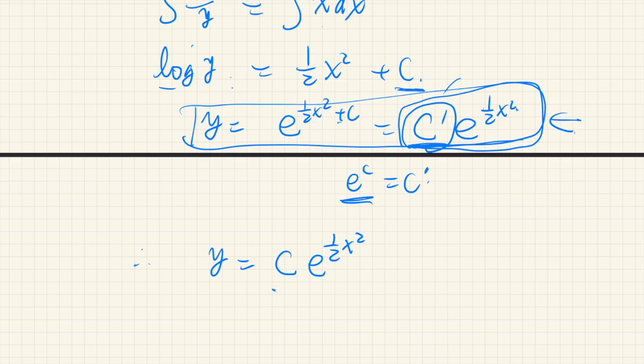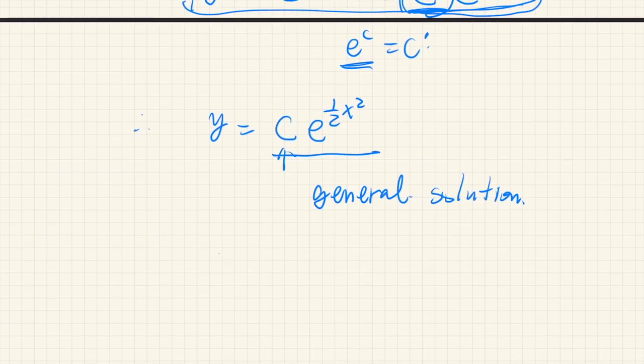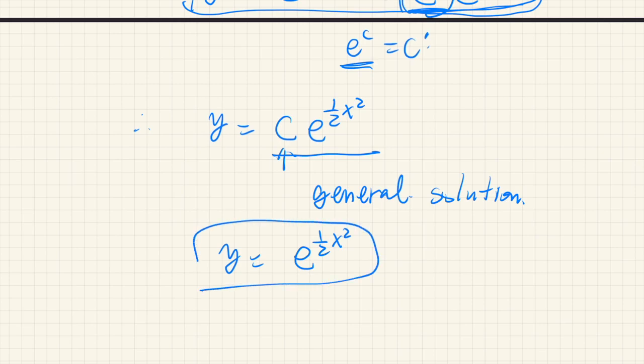Here, the solution like this one, including this undetermined constant, is called a general solution. On the other hand, y equal to, for example, just exponential of 1 over 2 x squared is, of course, a special case of the general solution where this constant happens to be equal to 1. So this is called a special solution.